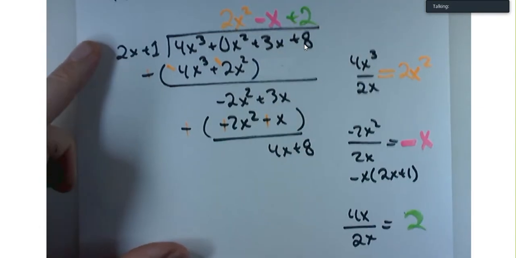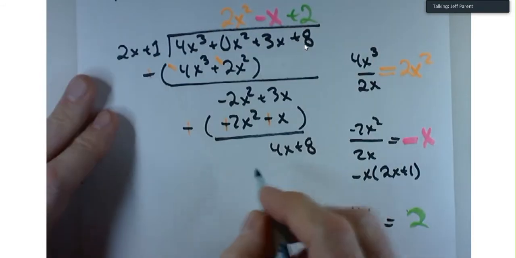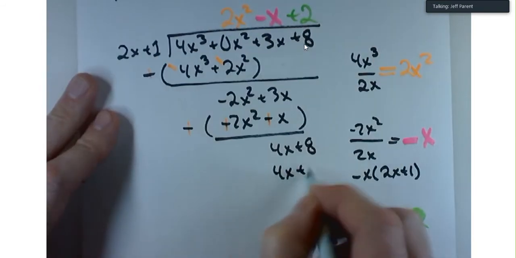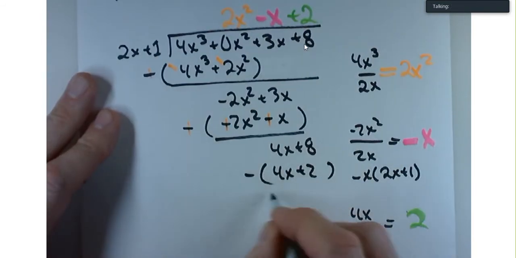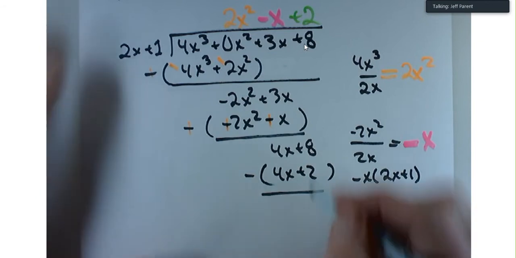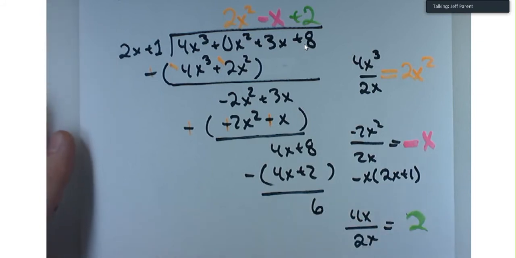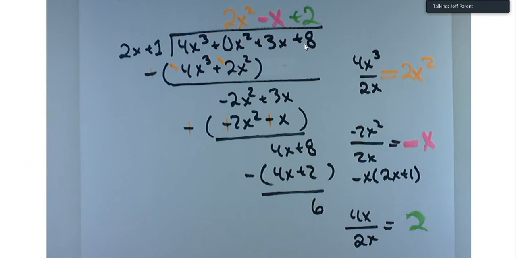And it's a plus 2. 2 times that gives me 4x plus 2. Change the signs and add. What are you going to get for a remainder? 6. Excellent.